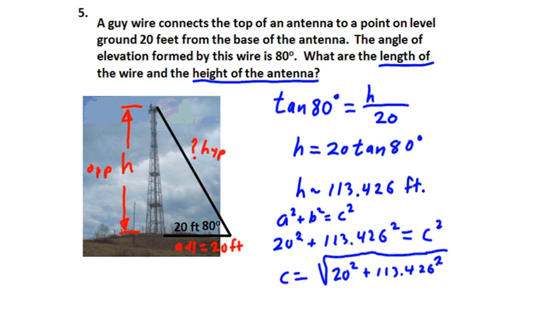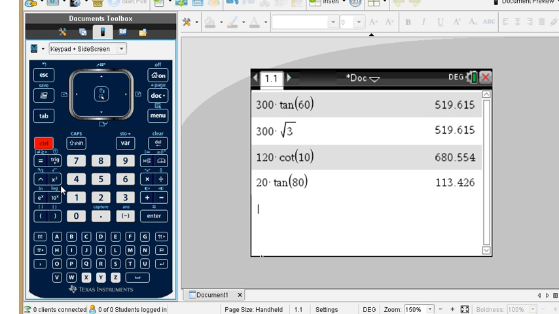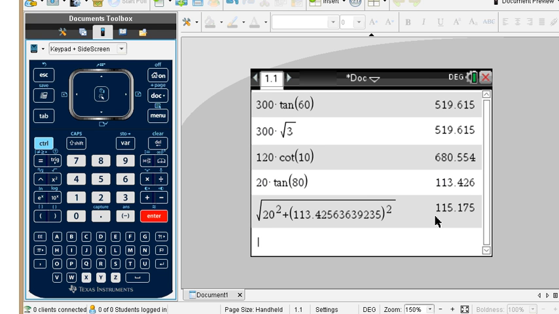And so we go to our calculator. 20 squared plus, I'm going to get the last answer calculated by pressing Control, negative sign, which gives us ANS. ANS is the last number calculated, which would be this 113.426, and we get 115.175.